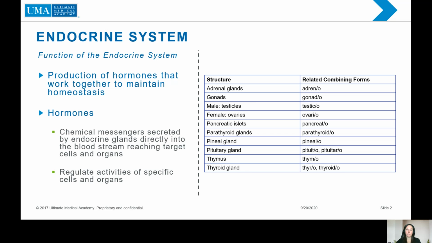So the structure of our endocrine system is going to be adrenal glands, gonads, the male testes, the female ovaries, pancreatic islets, parathyroid glands, pineal gland, pituitary gland, thymus, and the thyroid gland. Let's go ahead and get started in learning more about all of these different structures of the endocrine system.